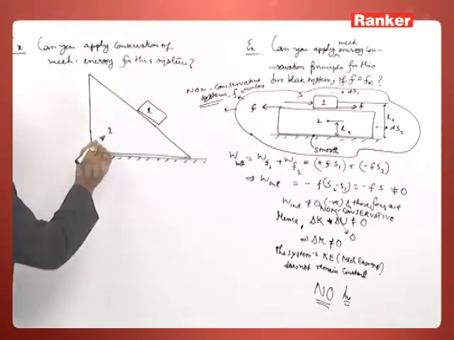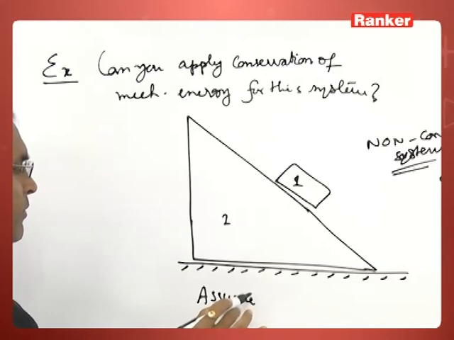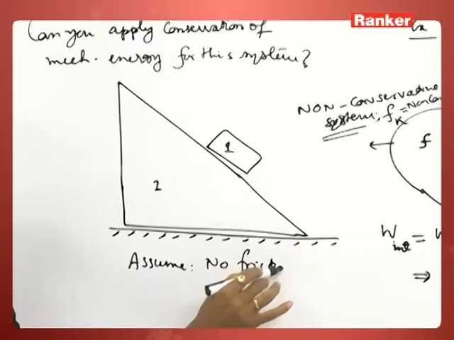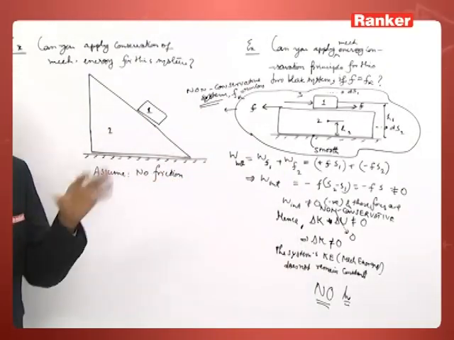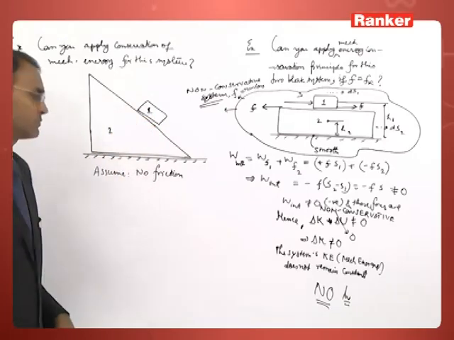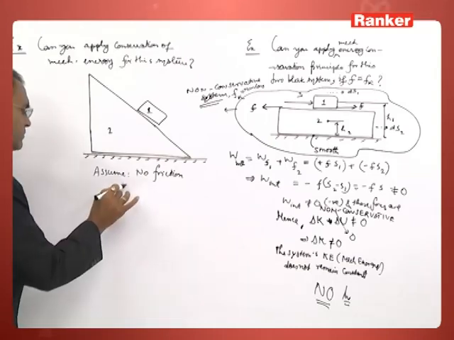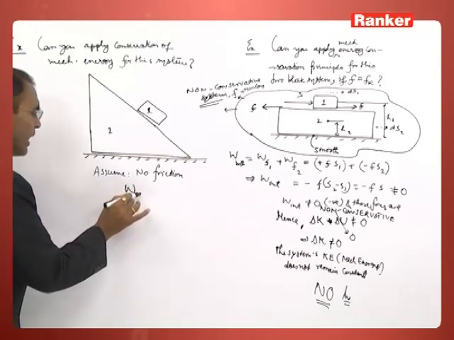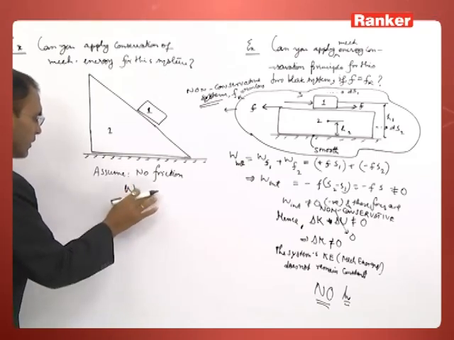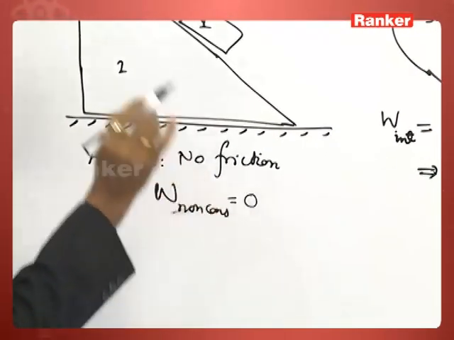Conceptual question. Assuming no friction between 1 and 2 and between 2 and the ground. When there is no friction, work done by the non-conservative force is equal to 0.